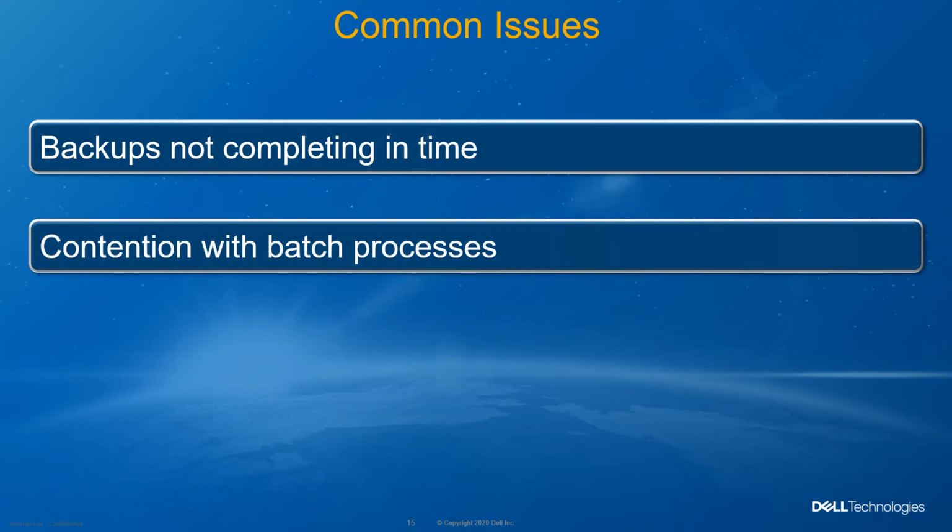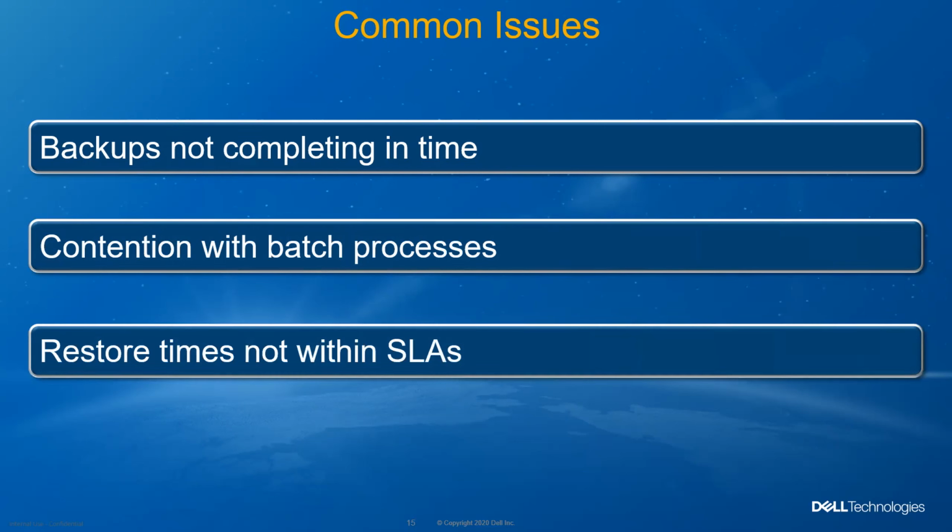So they contend with each other, and it often means that backups don't complete in time, your batch processes don't complete in time. And then whilst backups might be completing in time, restore times in many cases don't satisfy the SLAs.